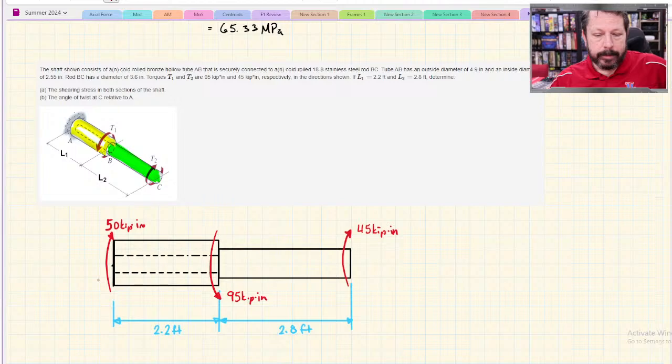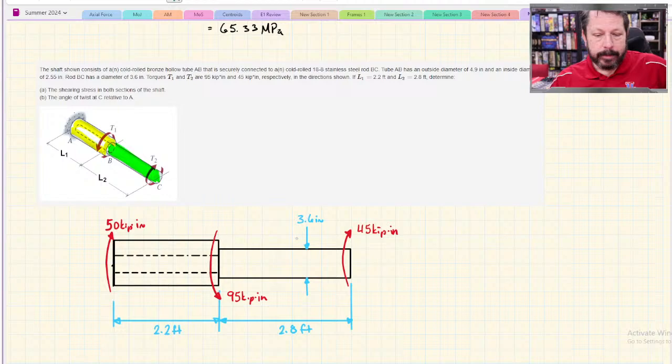Let's do our diameters. So we've got this guy, actually I think this is section 2, has a solid diameter. Notice it calls it a rod. That means it's solid. 3.6 inches. And then the tube means it's hollow.